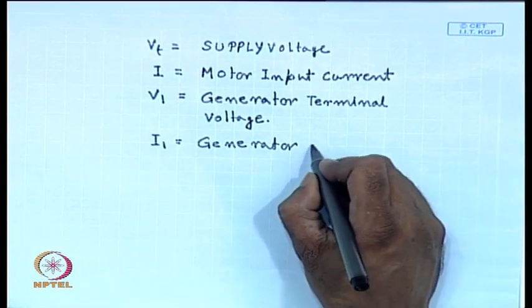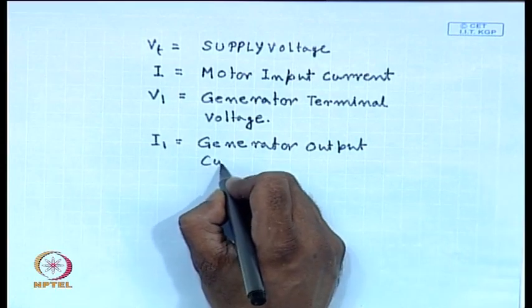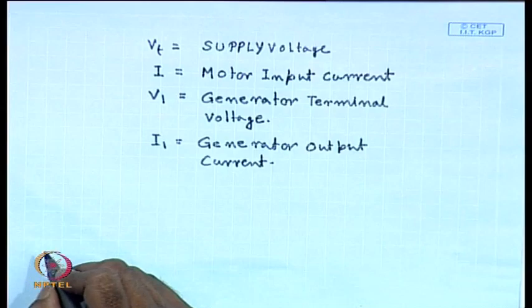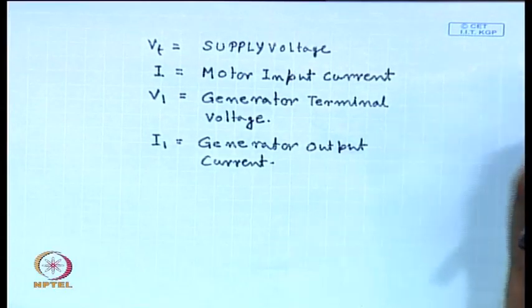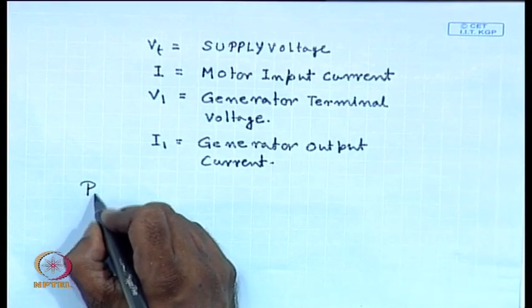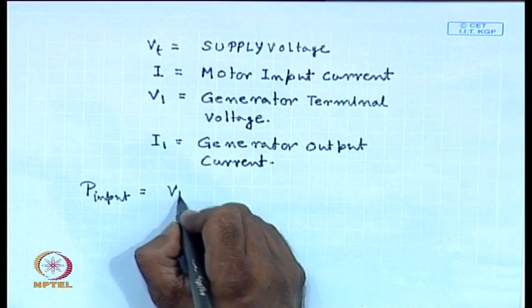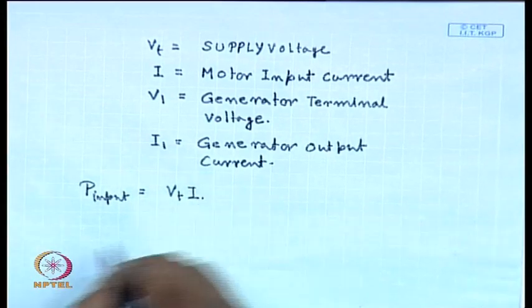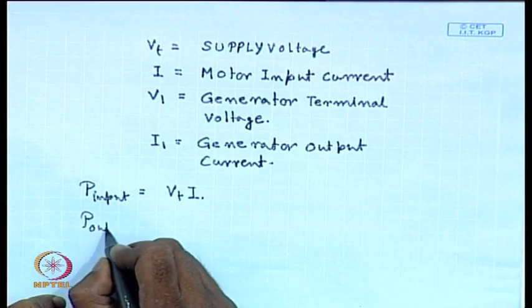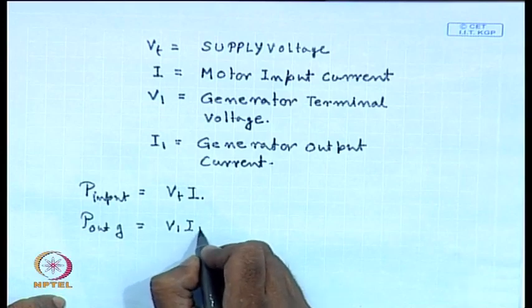Generator output current. Now, the power input to the set is equal to V T I, and the power output of the generator is equal to V 1 I 1.